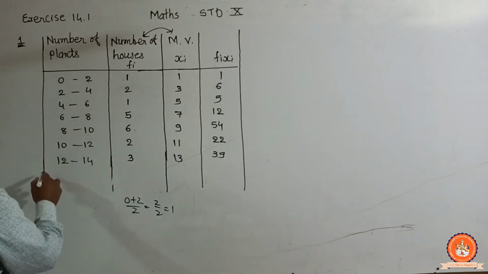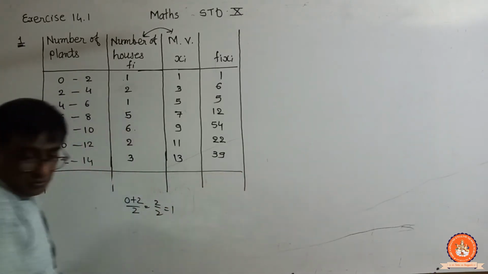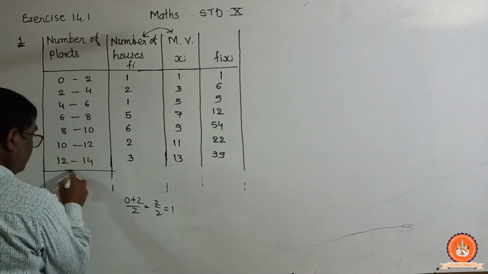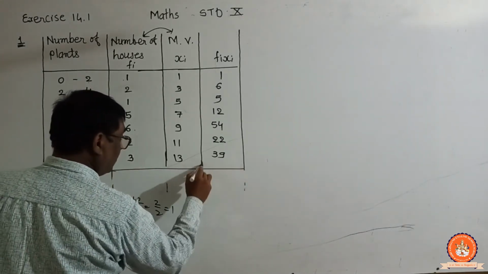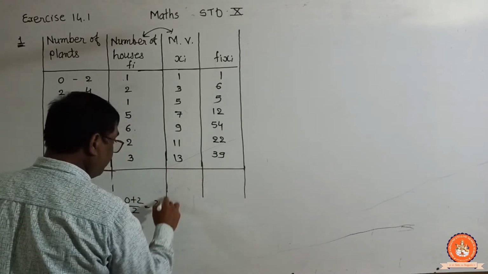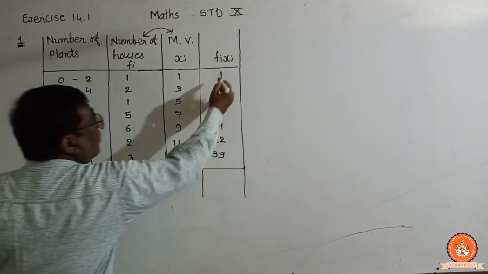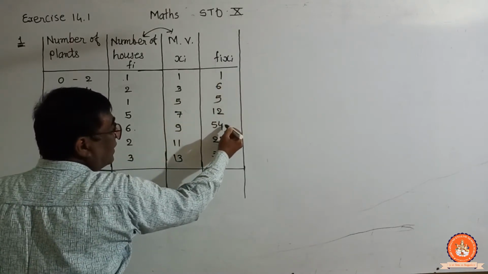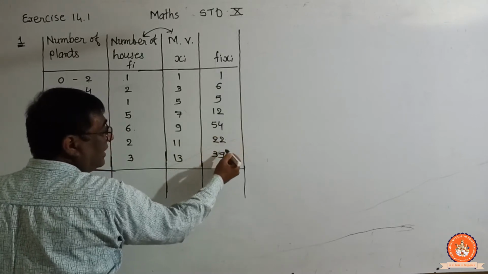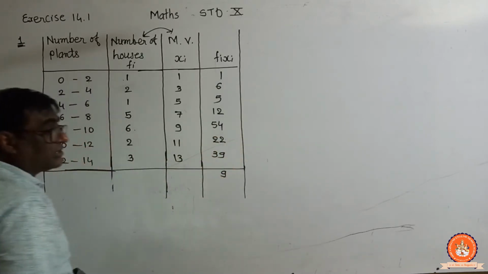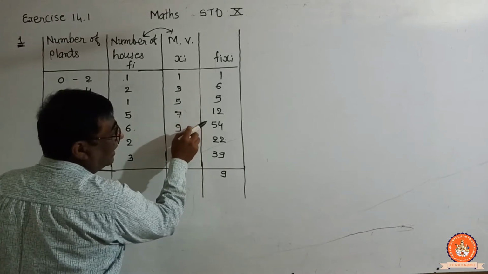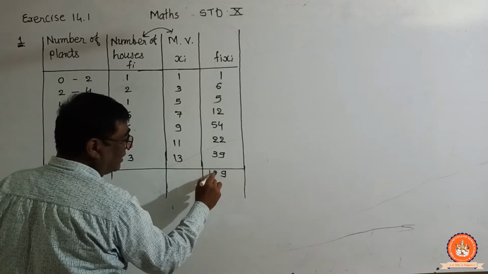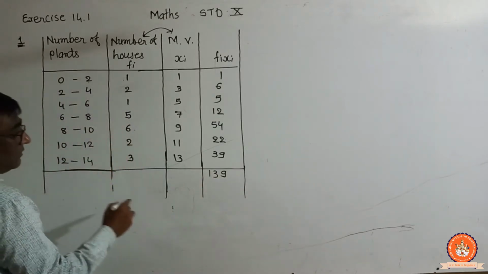Okay. Now it is time for us to find the total of this. So 1 plus 6 is 7, 7 plus 5 is 12, 12 and 35, 47, 47 and 54, 101, 101 and 22, 123, and 39, 162.